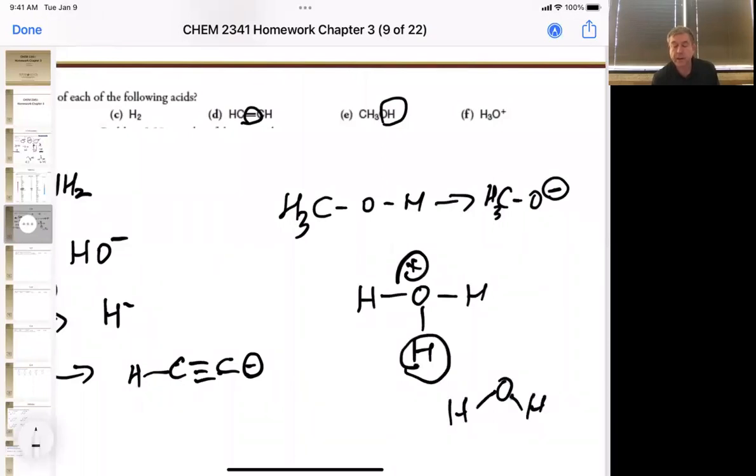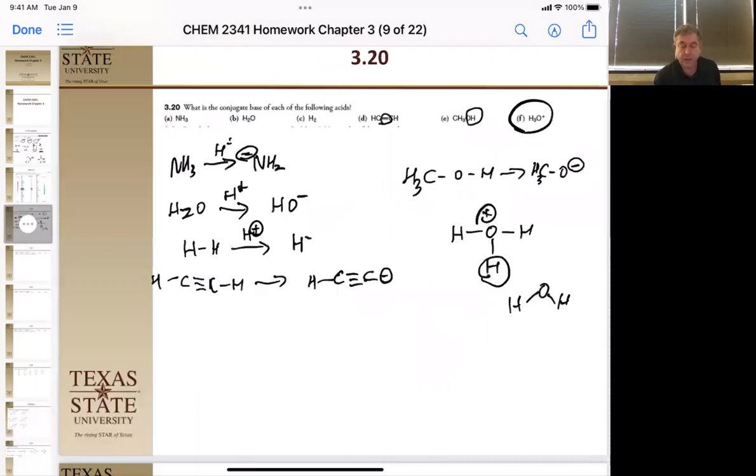So that means water is the conjugate base of the hydronium ion. Okay, do you see how we did that? All we did was remove one proton and then leave the electrons on the conjugate base.